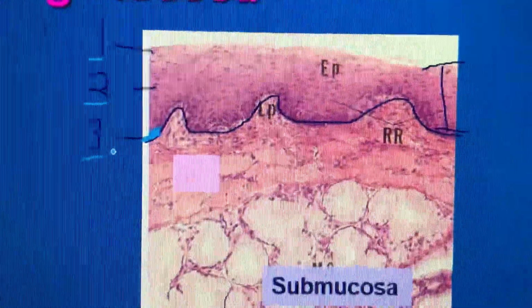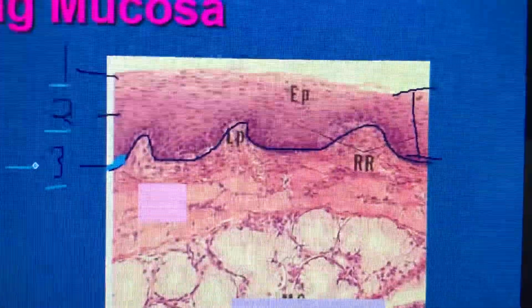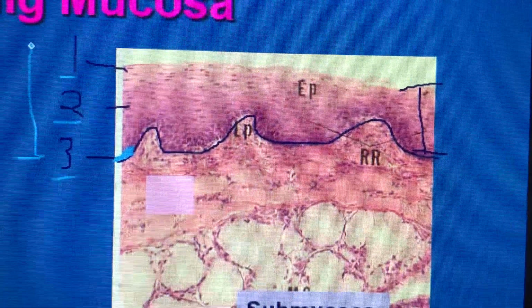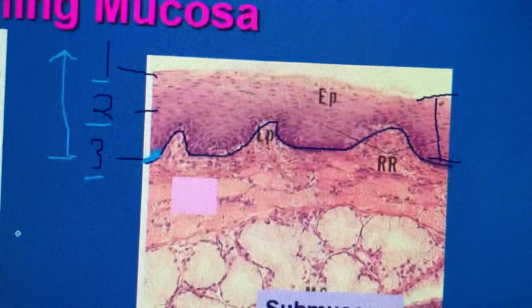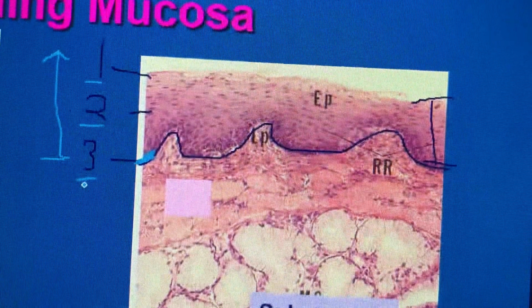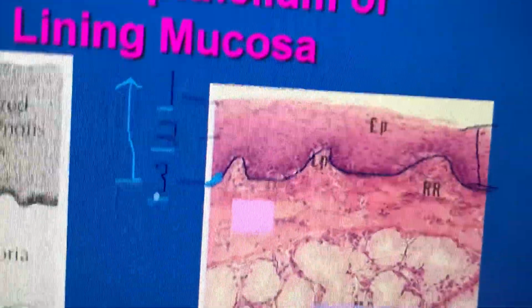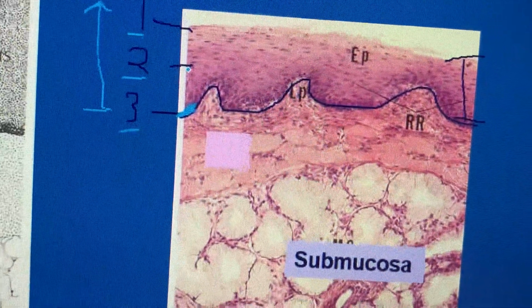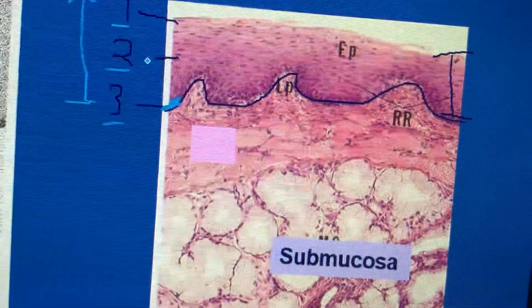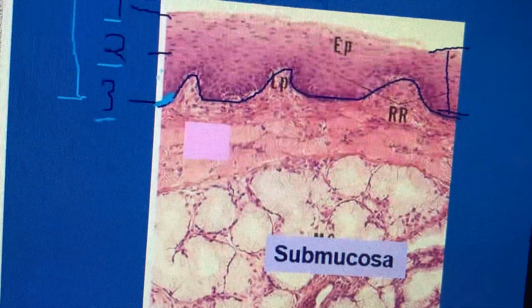So if I'm going from that direction, what are the names of the layers in non-keratinized? Would 2 be granular?